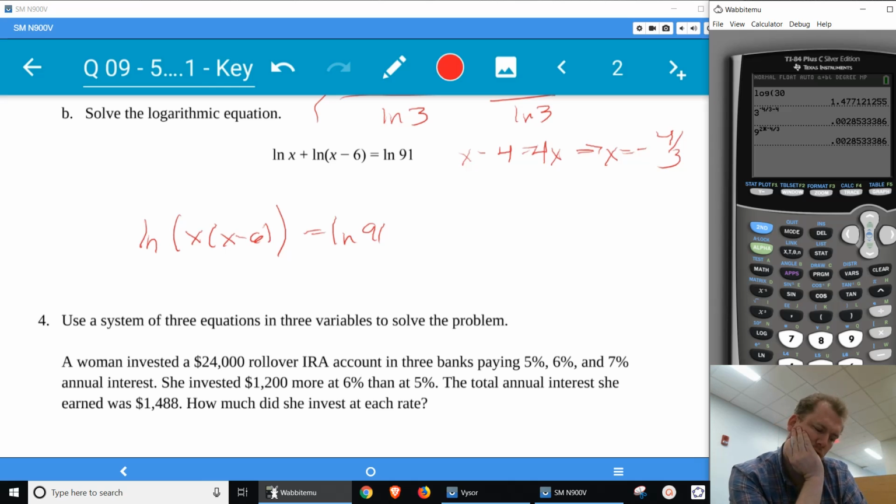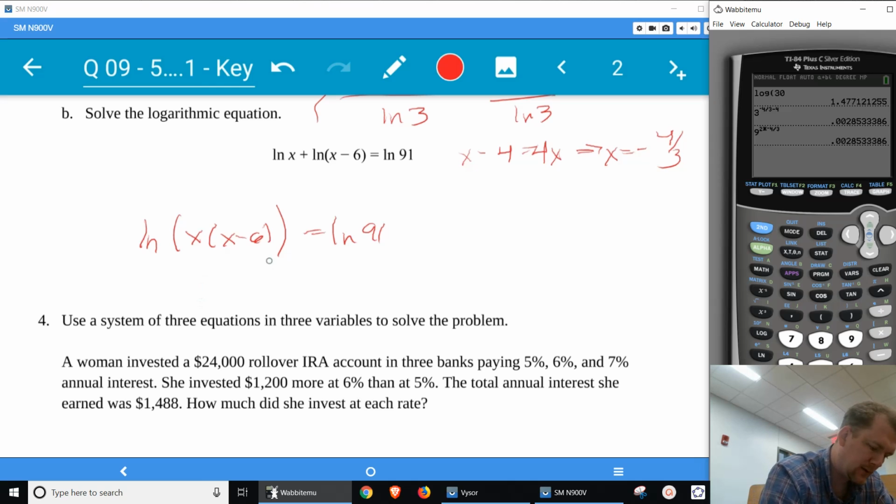I'm wondering if you could just subtract that and then cause it to be an internal quotient. Instead of doing that, I'm just going to make, so if the natural logs are equal, that means the inputs are equal because it's a one-to-one function.